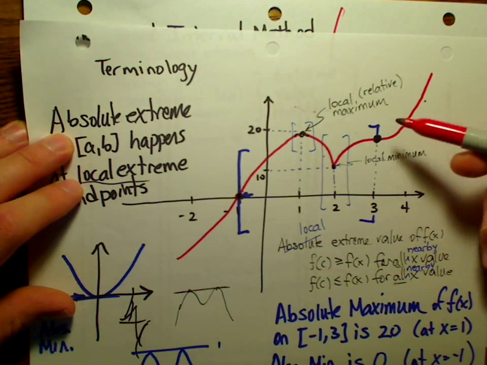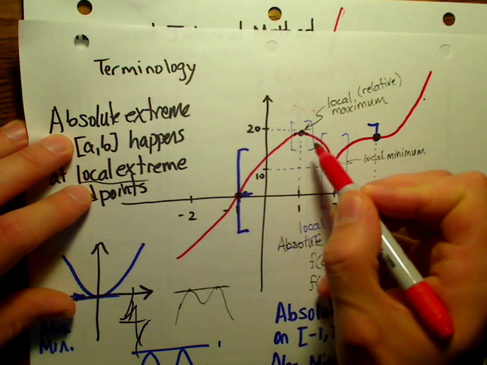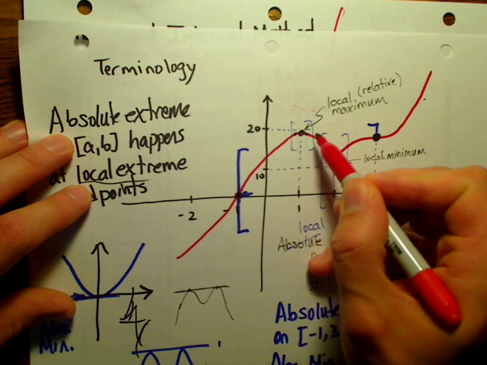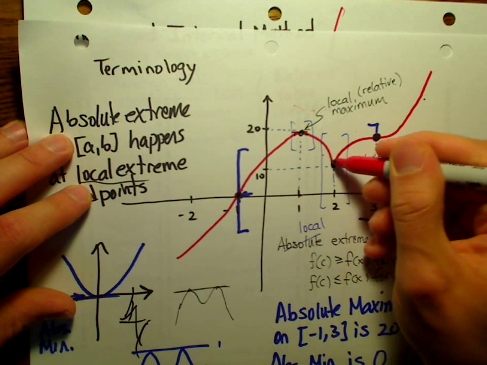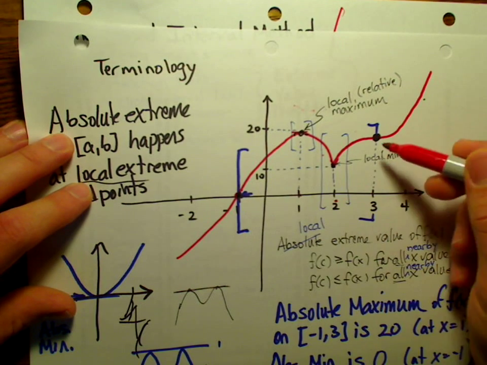If we had the algebra for this problem, for what this curve is, we would find a 0 derivative happening at 1, an undefined derivative happening at 2, and we would have the endpoints -1 and 3.